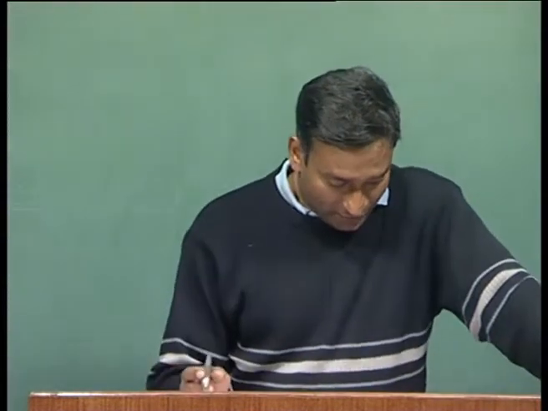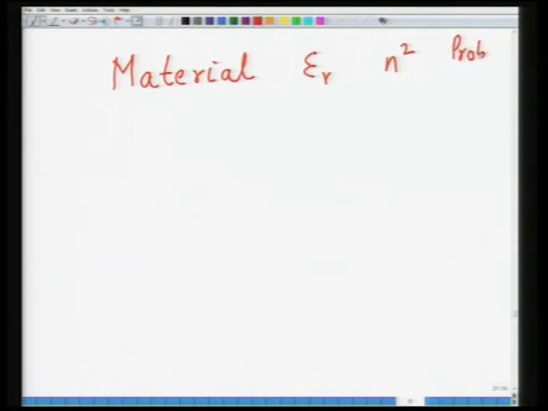Now, I will give you some examples. For instance, I will just put material, value of epsilon r, value of n square, and then the probable or likely mechanism. Okay.